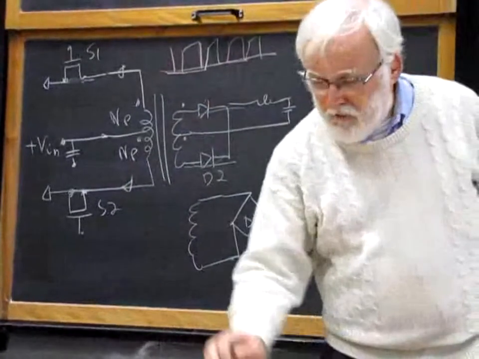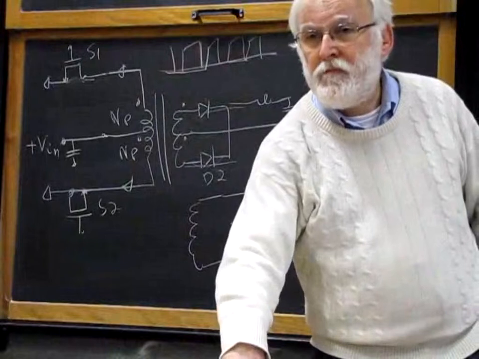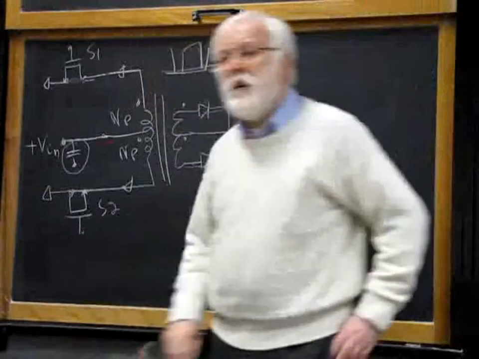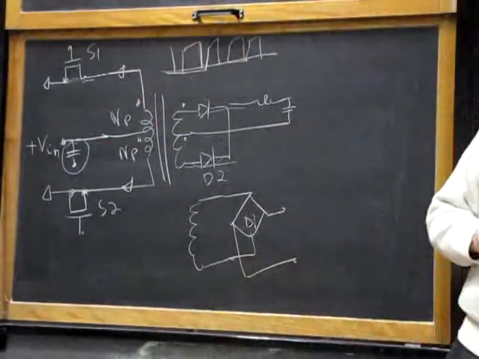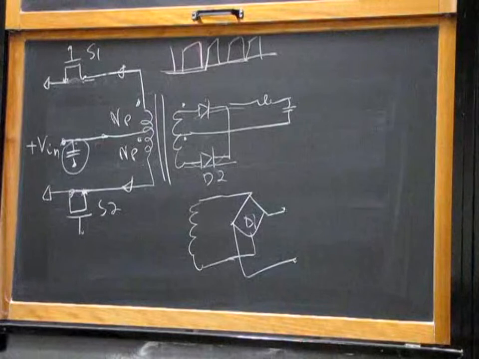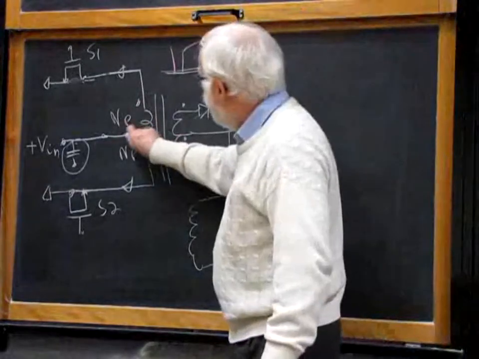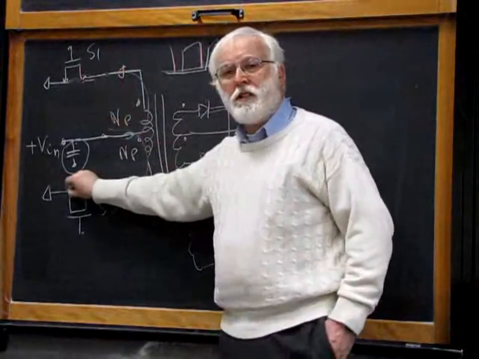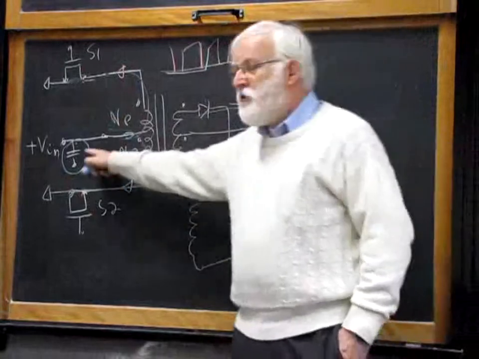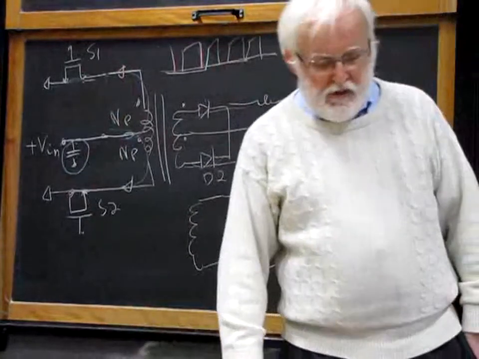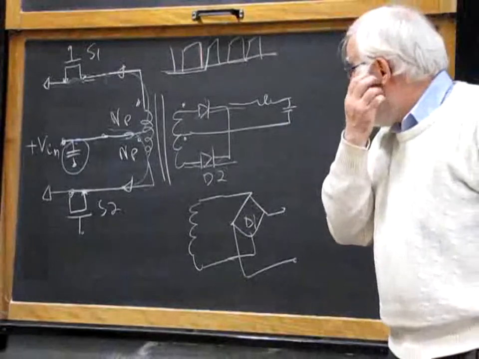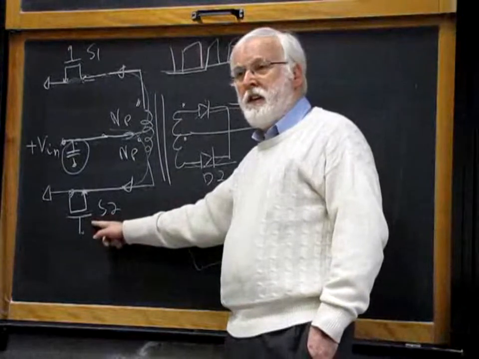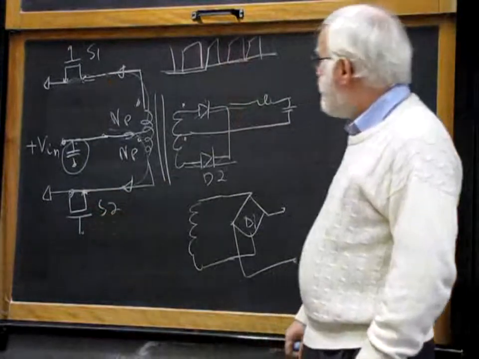What about the input capacitor? What does the input capacitor see as current? Well, this input capacitor experiences both the current that goes to S1 and the current that goes to S2. That means that this input capacitor experiences a frequency that is twice the switching frequency of the S1 and S2 switches.